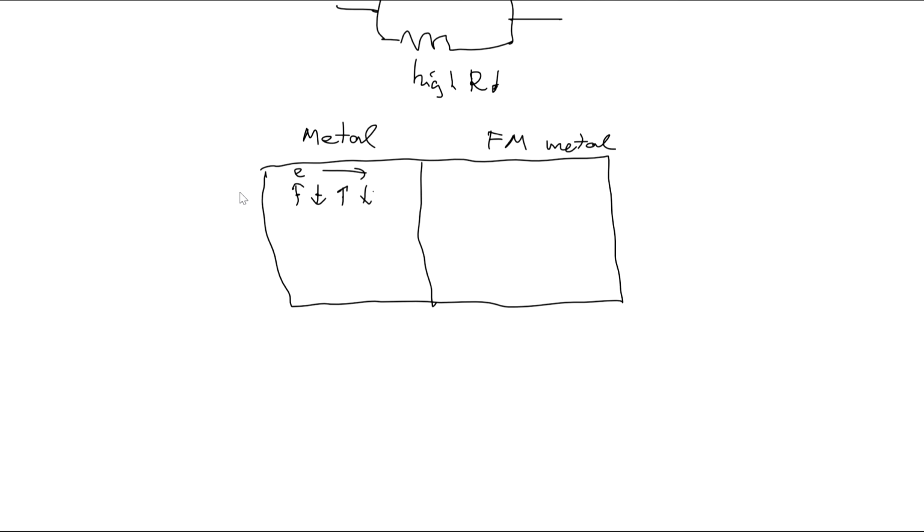If you look at the current, there would be electrons flowing into that, but when they flow into the ferromagnetic metal, this metal allows only spin up electrons to flow through, in the ideal case.